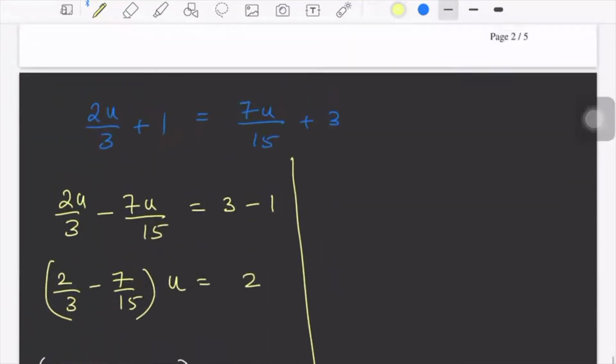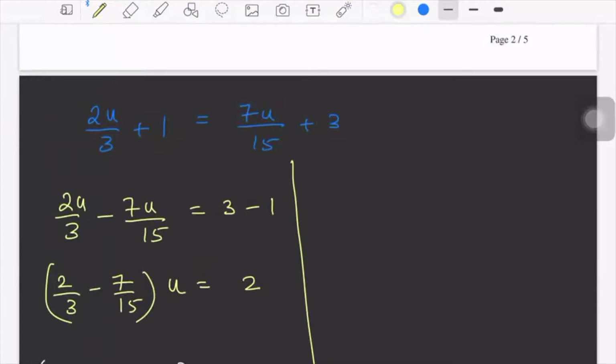Okay, in the second approach, you may want to multiply the entire expression on both LHS and RHS with a number so that the denominators go away. You have to make sure that the denominators go away.